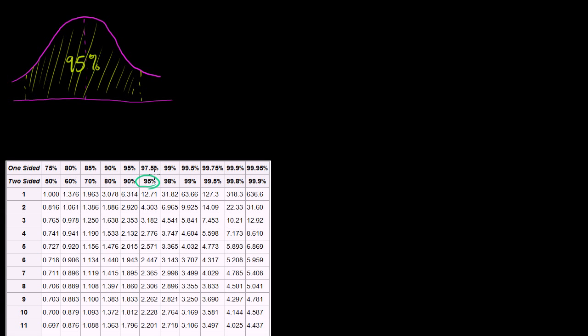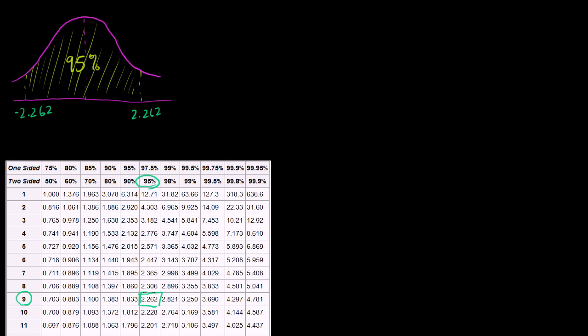We have 10 data points, which means we have 9 degrees of freedom. So 9 degrees of freedom for our 10 data points. We just took 10 minus 1. So if we look over here, for a t distribution with 9 degrees of freedom, 95% of the probability is going to be contained within t values between negative 2.262 and 2.262.